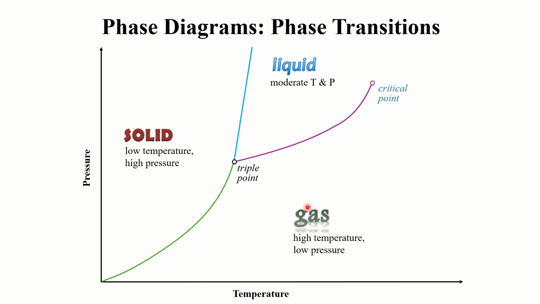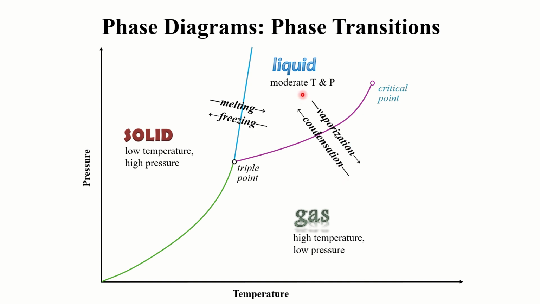All right, so let's analyze our phase transitions. Let's start with this direction, going across the blue line. If we are going from left to right across the blue line from a solid to a liquid, this is melting. And from right to left across that line from a liquid to a solid would be freezing. Then up here, from top to bottom, going across the purple line from a liquid to a gas, this is vaporization.